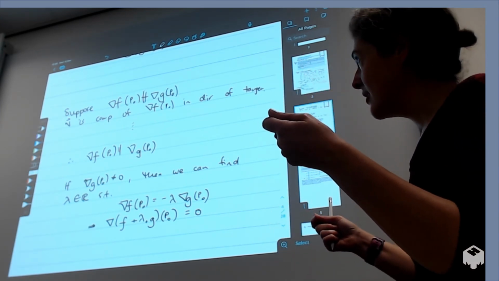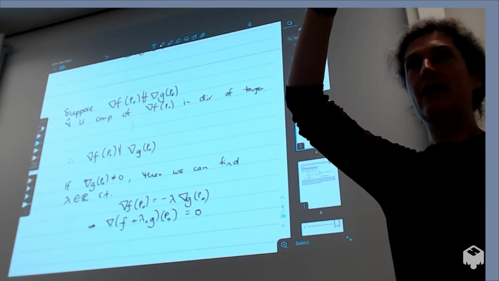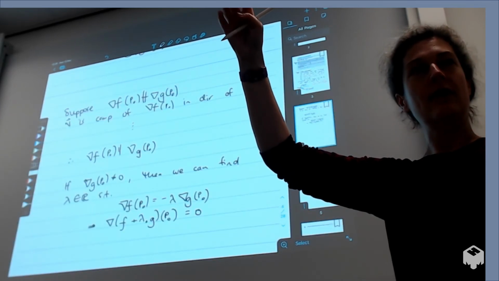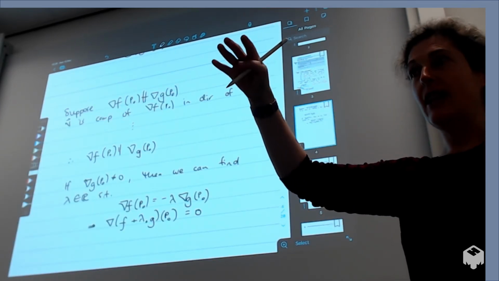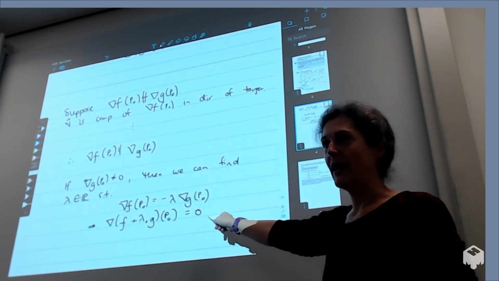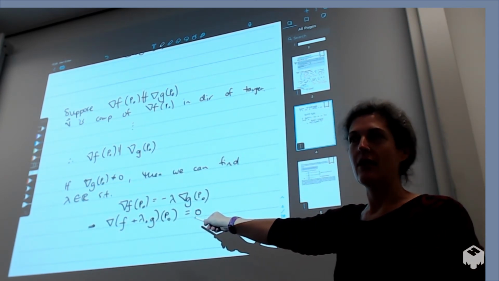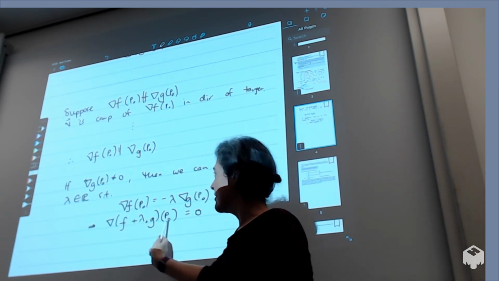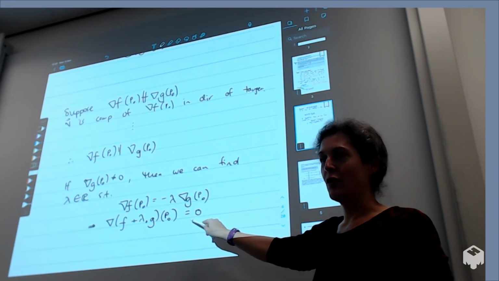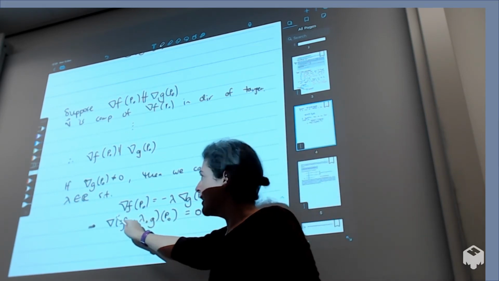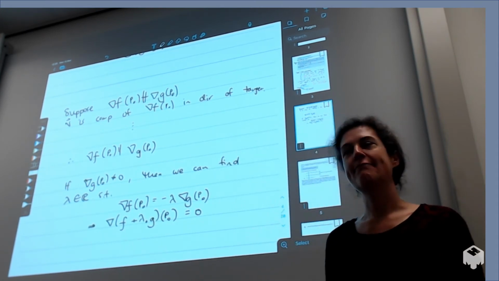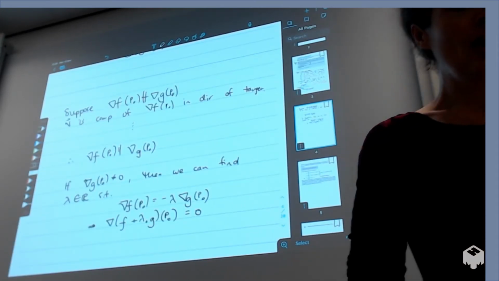We have now said, if f has a local max or min, then this gradient is equal to 0 at the point where our f has a max or a min. And there's no constraint here. So all we have to do is maximize or minimize this function here. That's where we got to.